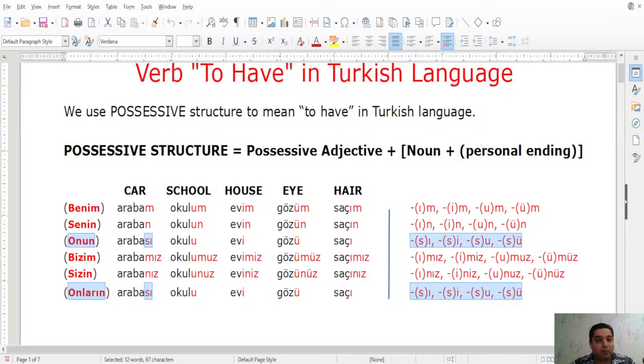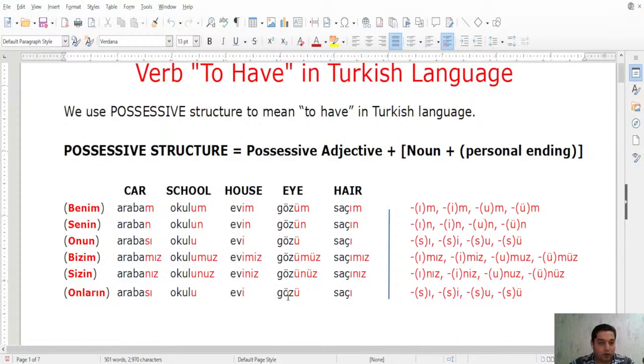And of course you can make it plural too, and then you will just adjust the same endings that you see on the right in red, okay? Same endings depending on the vowel harmony and depending on whether it ends in a vowel or consonant. Okay, so this is basically the possessive structure, right? How we say my car, your house, I don't know, our pen, and so on.